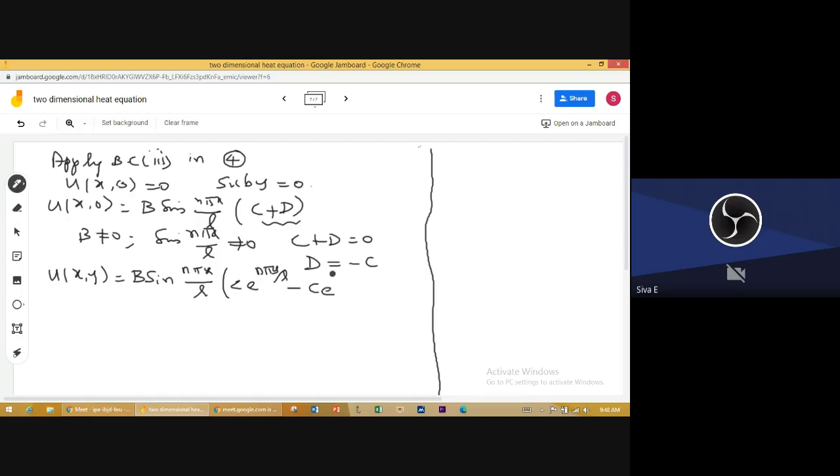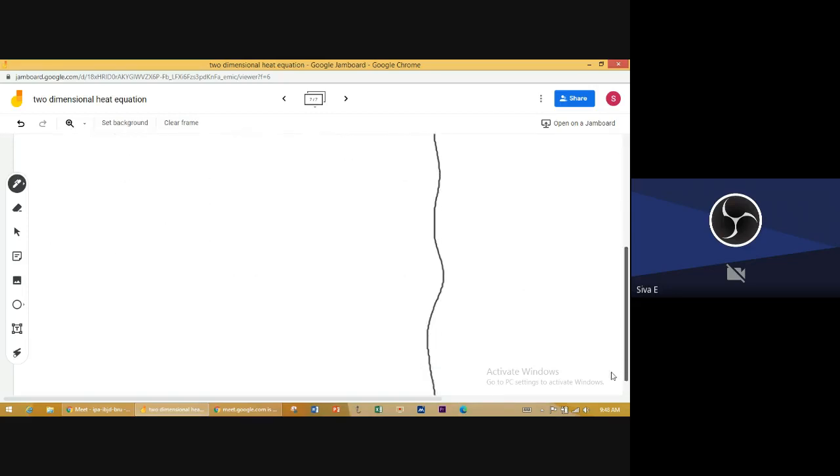Minus c e power minus n pi y by l. Take c outside: b c sin n pi x by l into e power n pi y by l minus e power minus n pi y by l. You know one formula, e power theta minus e power minus theta equal to what?